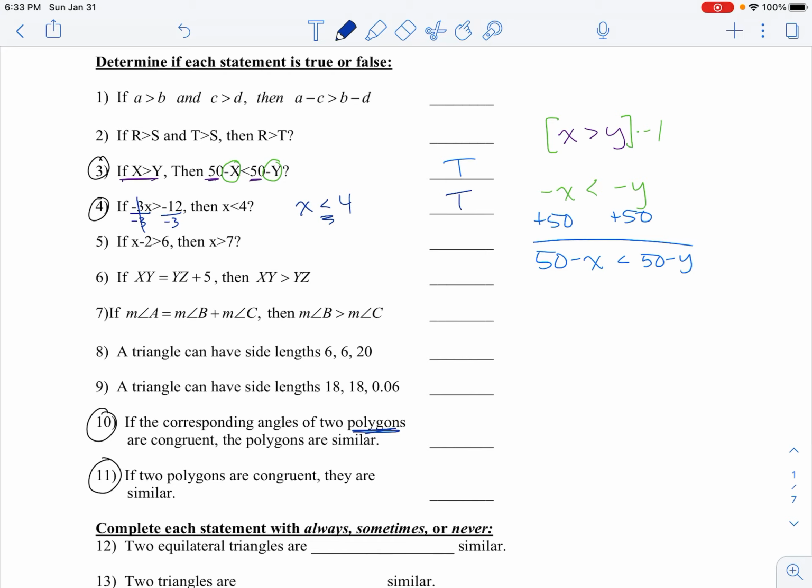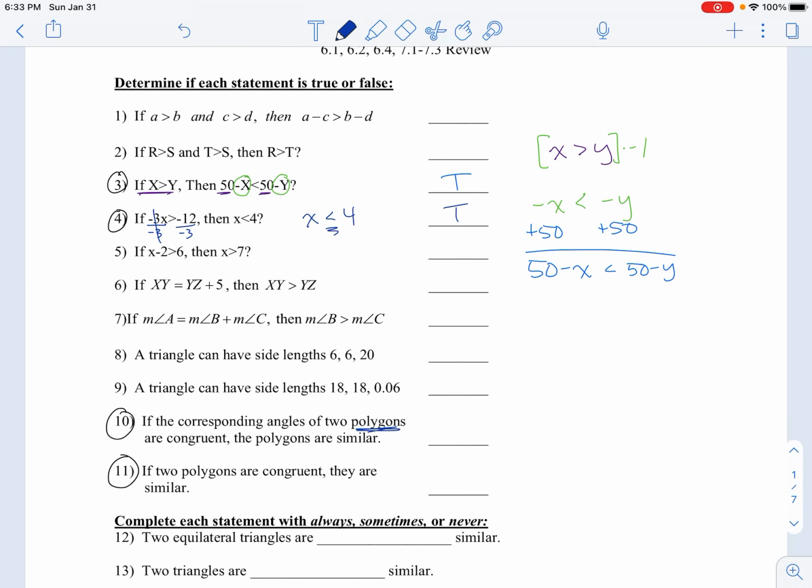I have angles that are congruent. So, for example, my nice easy example here would be if I had a square. So really I have angle 1, angle 2, angle 3, and angle 4. And then I want to draw another shape that has 4 right angles, but is not just this blown up.